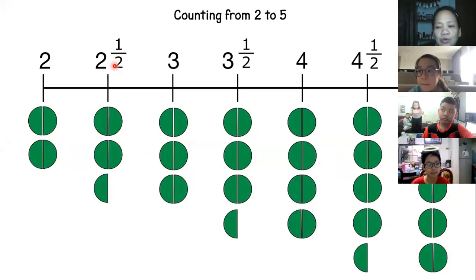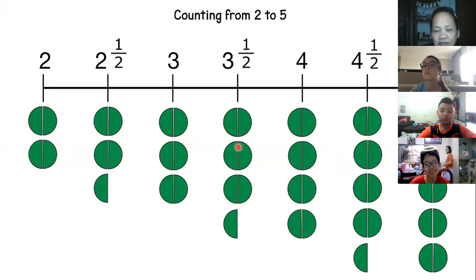As you see in the figure, there are 2 whole numbers and then 1/2. And the next after 2 and 1/2 is 3. This is 3 whole numbers. Next is 3 and 1/2.